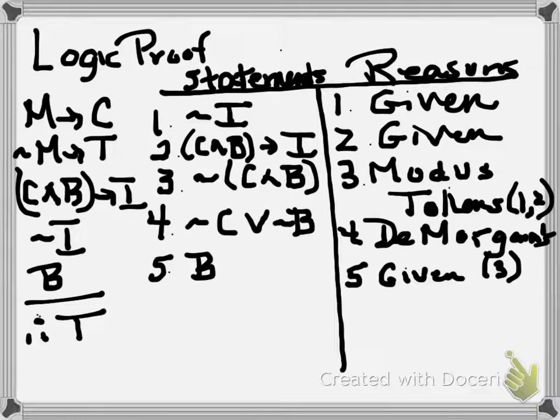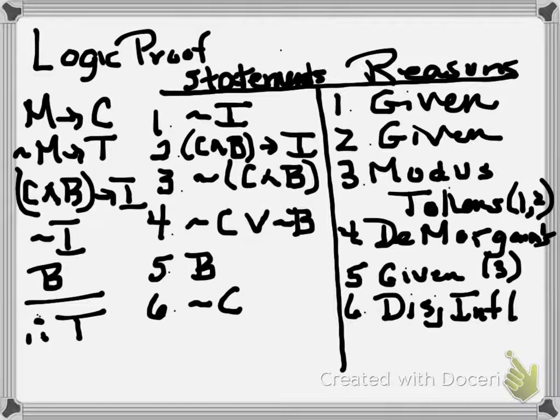And now, in a disjunction, B is given to be true, so not B is false. One of those two had to be true, or the disjunction would not have been true. Therefore, it must be not C, which is true, by disjunctive inference. On lines 4 and 5.